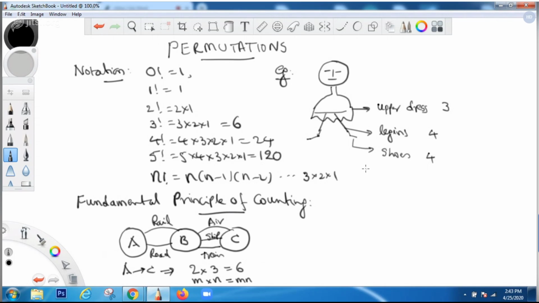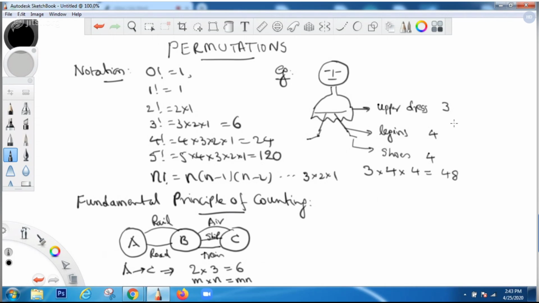Therefore, the number of ways she can wear the upper dress is 3 ways, leggings 4 ways, shoes 4 ways. Therefore, the number of ways is equal to 3 into 4 into 4, which is 48 ways.